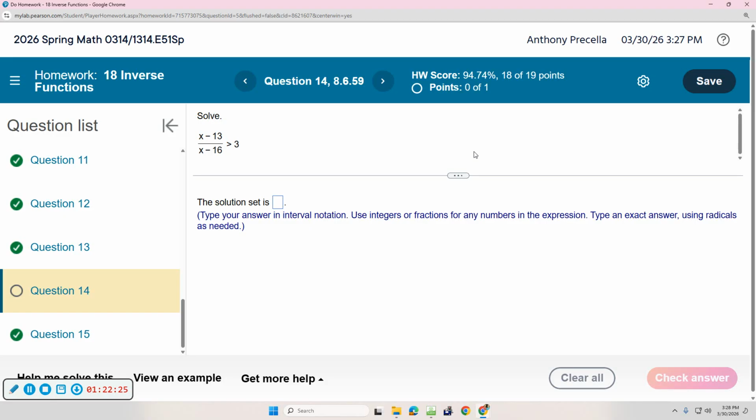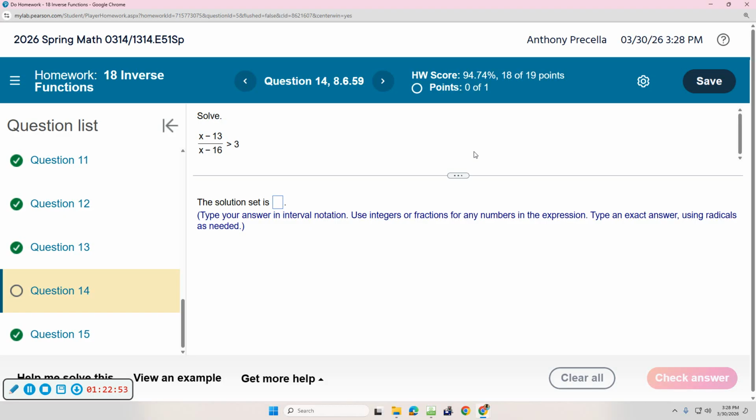X minus 13 over X minus 16 is greater than 3. Now, this one has a denominator, so we're going to have to do both the solution cut point and the denominator cut point. So let's see, I'll do solution cut point first.